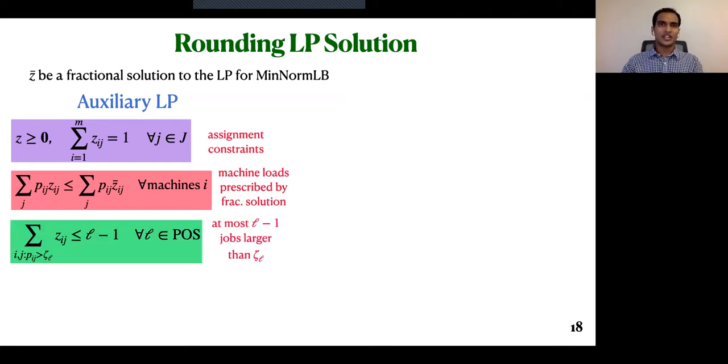We also include constraints that bound the number of jobs that are larger than zeta L by L-1. By construction, Z bar is feasible for this auxiliary LP. Our goal now is to round Z bar to an integral solution while ensuring that none of the constraints are violated too much.